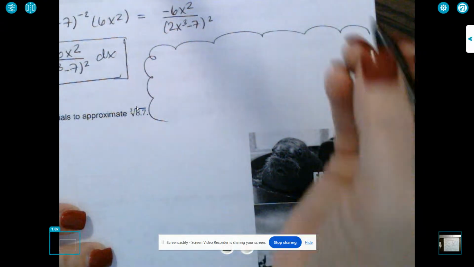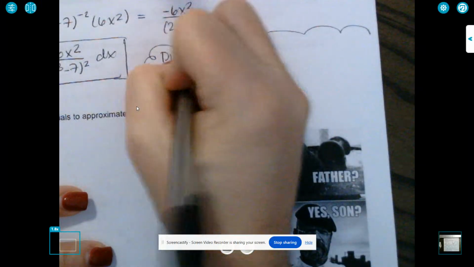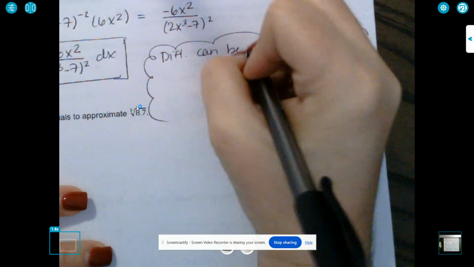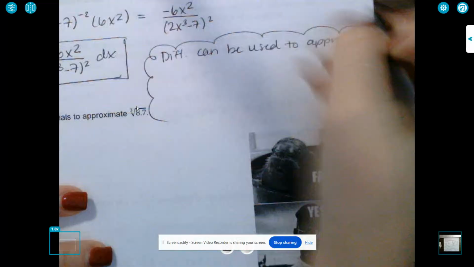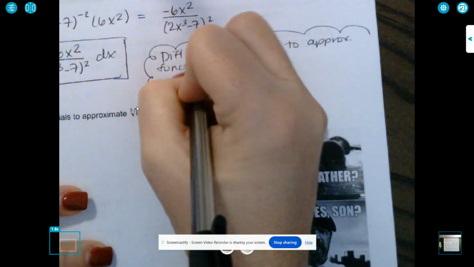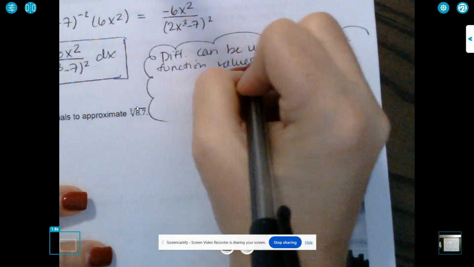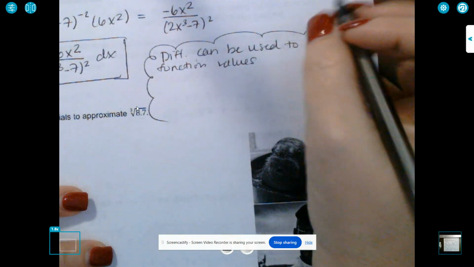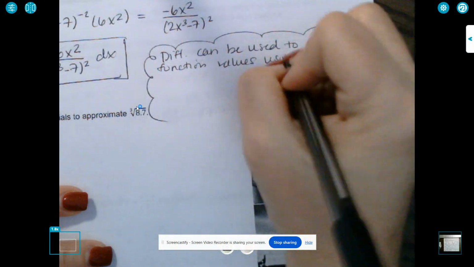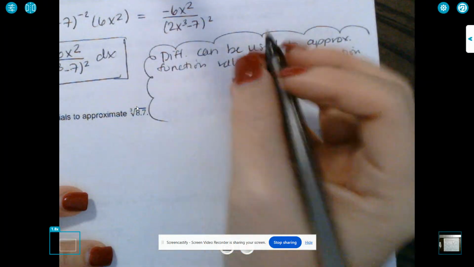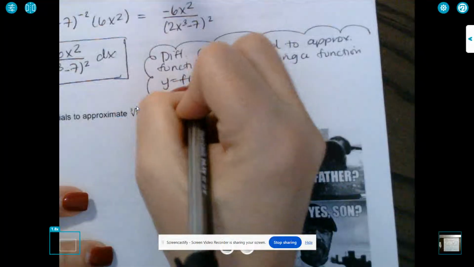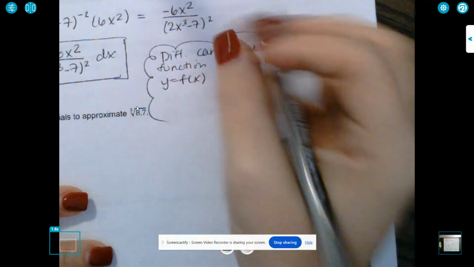All right, so differentials can be used to approximate function values. Using a function y equals f of x. We know that y and f of x are interchangeable, right?